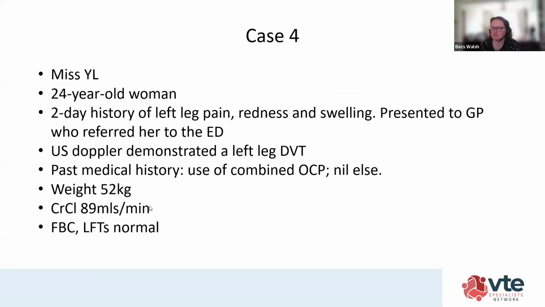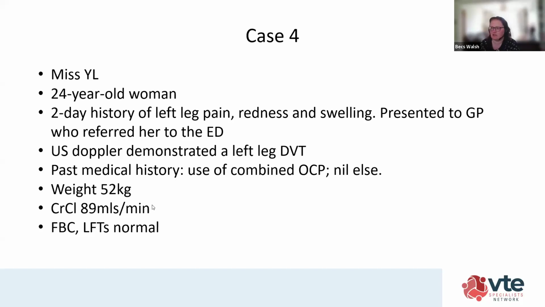Right, finally, case 4. Miss YL, a young lady, 24-year-old, 2-day history of left leg pain, redness and swelling. She presented to the GP, who referred her to the emergency department, where she was diagnosed with a left leg DVT.